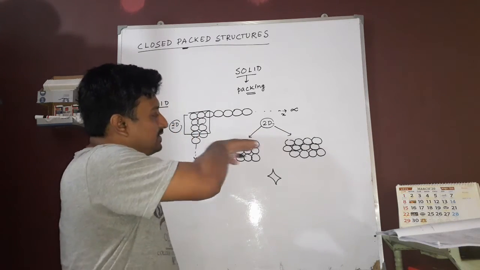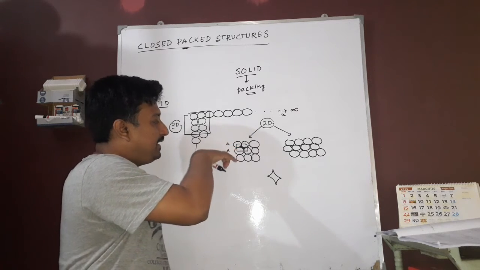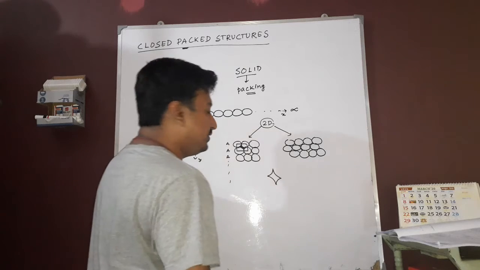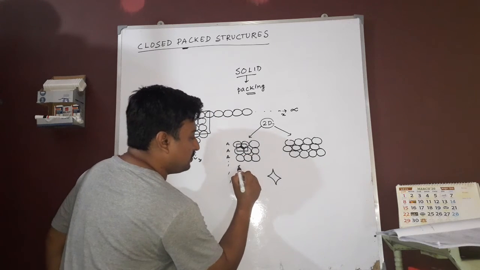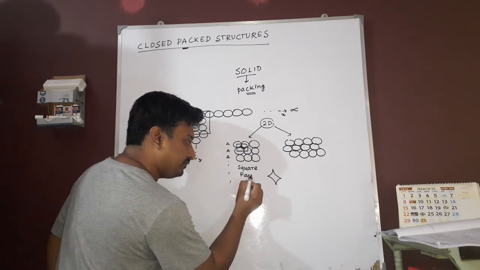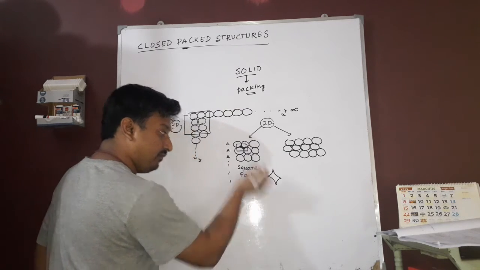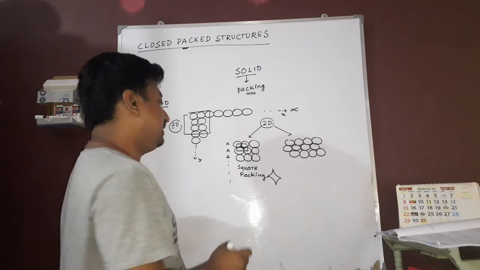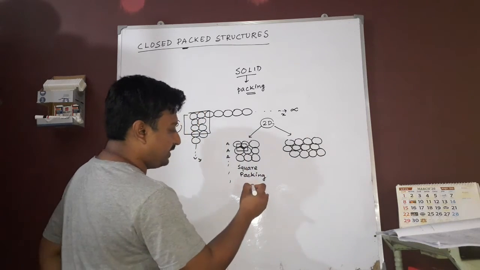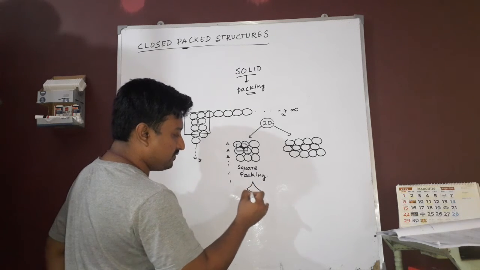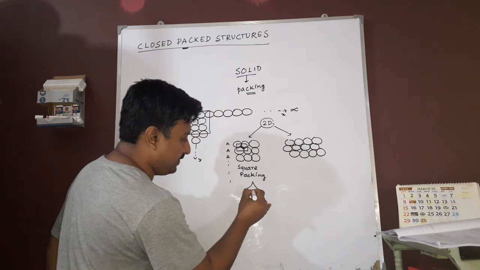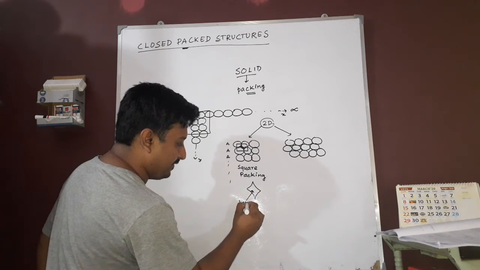Because all are the same, this is triple A arrangement, like this one. This packing is called square packing. So in this square packing, obviously, you will get a 4-corner kind of void. This void.